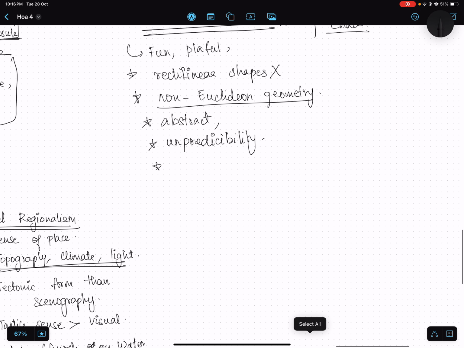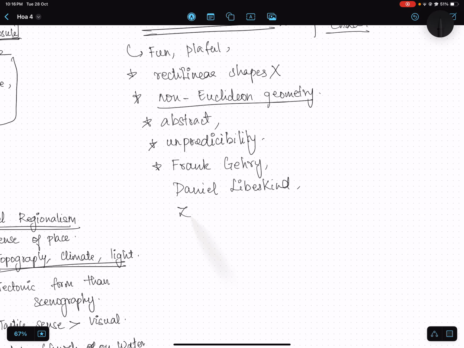And famous architects are Frank Gehry, Daniel Libeskind, even Zaha Hadid to an extent.